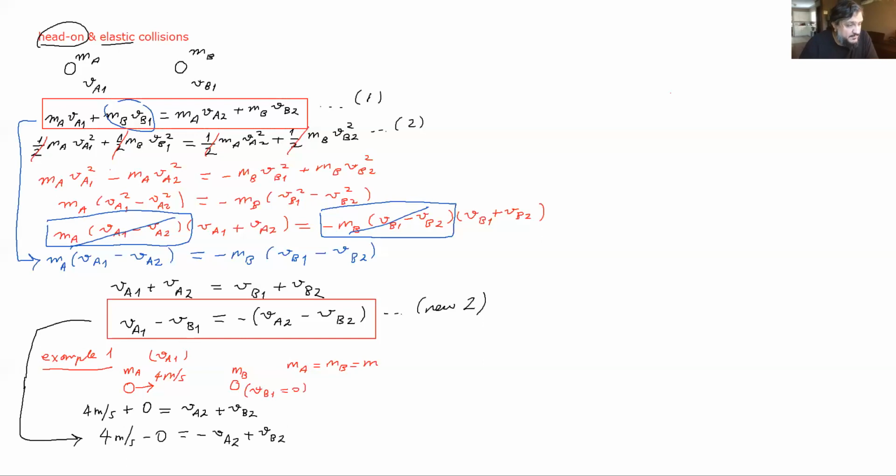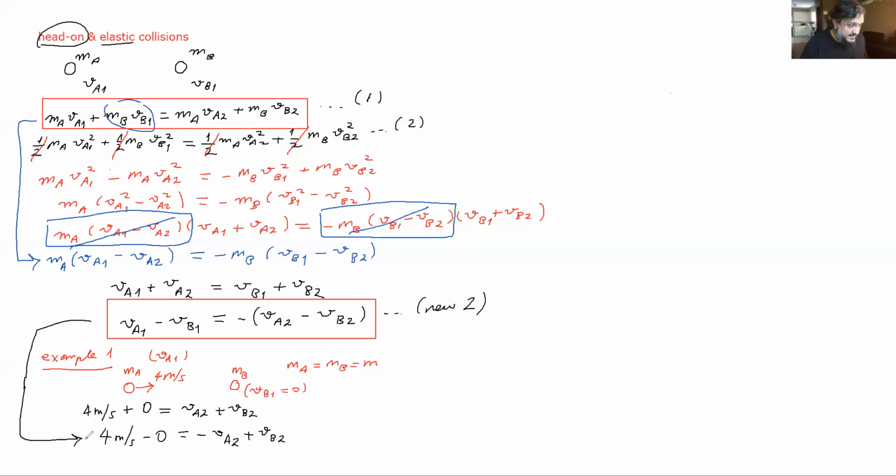Let's solve these for the unknowns, which are VA2 and VB2. Now, whenever I see two equations like this, I immediately think about adding them up, because this is VA2, this is negative VA2. I know if I add them up, I only have 2 VB2s here.